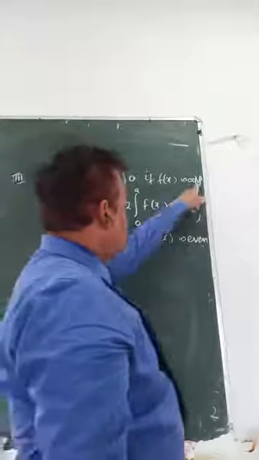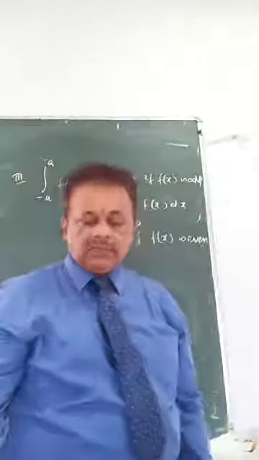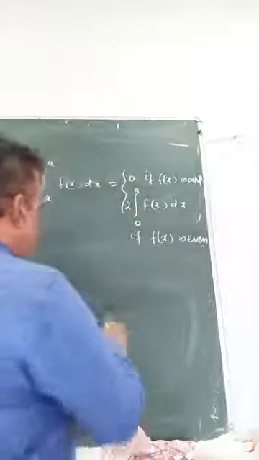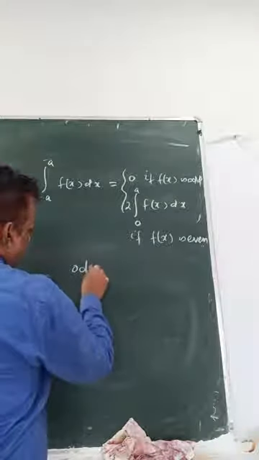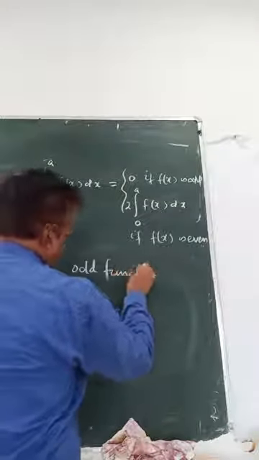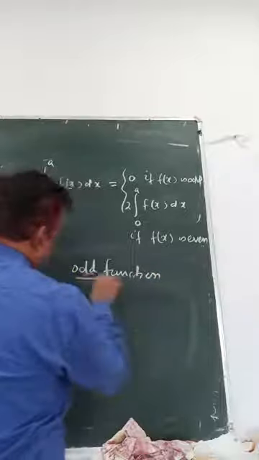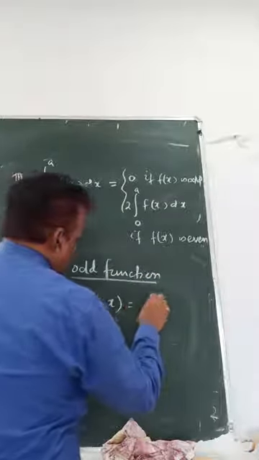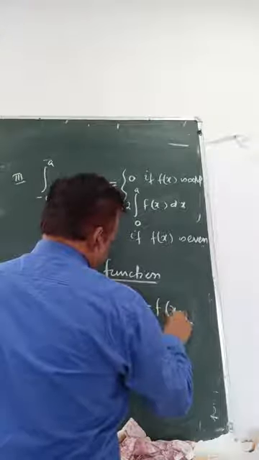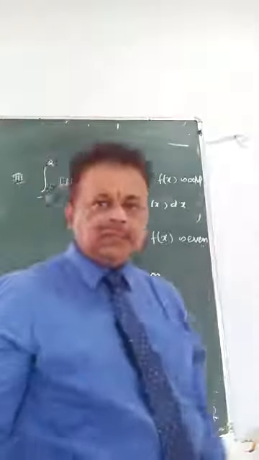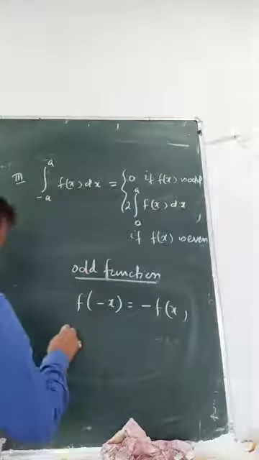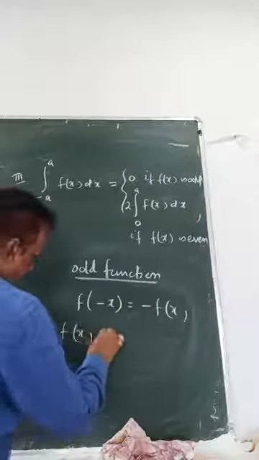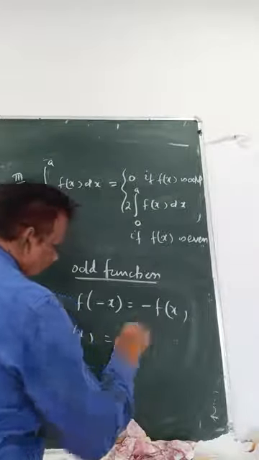Okay, so let's see this question. Which one is odd, which one is even? How to know? Let's write down the formula. The definition of an odd function: f of minus x should be minus f(x). Give one example. Suppose f(x) is x to the power 17.